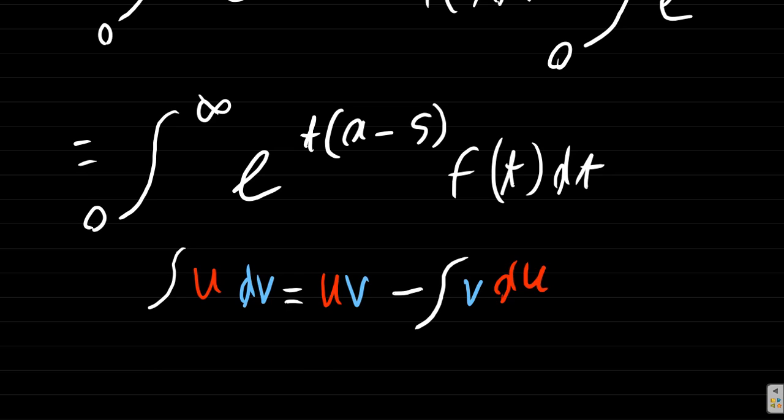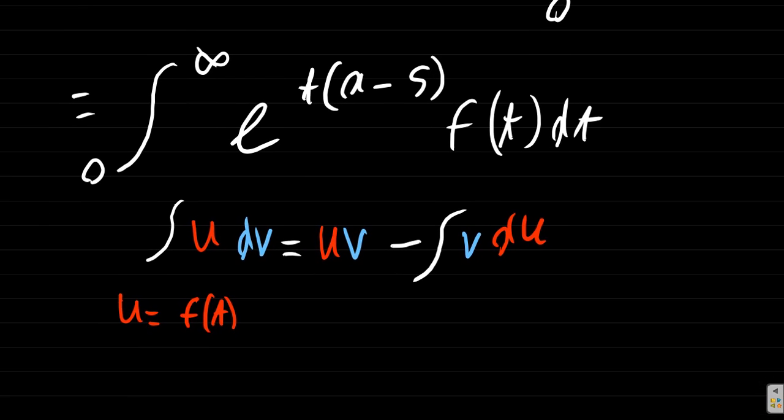Now here, let u be equal to f of t, and let dv be equal to e to the t times a minus s.